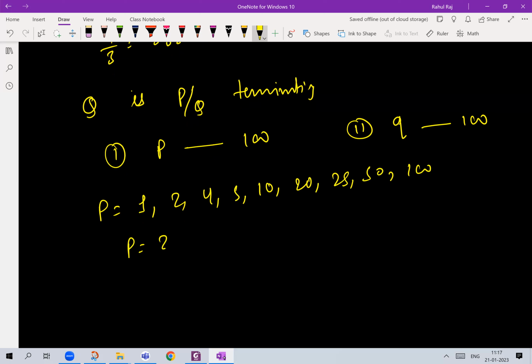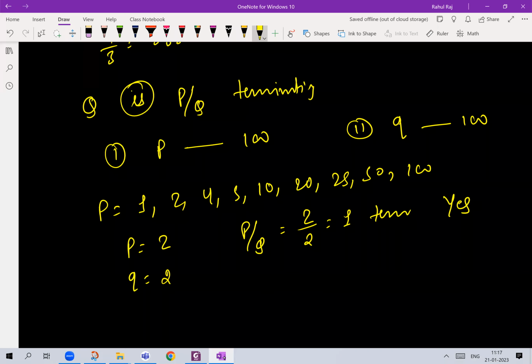Imagine if I take P is equal to 2. I have no idea about Q. I can take Q is equal to, let's say, 2. So P by Q is what? 2 by 2. That is 1, which is a terminating decimal. I have a yes situation. Guys, please be very sure. When you are solving this type of data sufficiency question, your entire purpose of solving any statement is to create a yes or no situation.